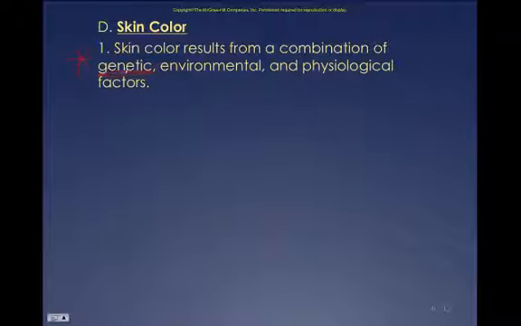Skin color consists of a genetic factor that we're going to talk about in just a minute, some environmental factors, and some physiological factors. And I'm going to talk about each one of these coming up. So again, we're going to talk about what gives each individual the different skin colors that they have.